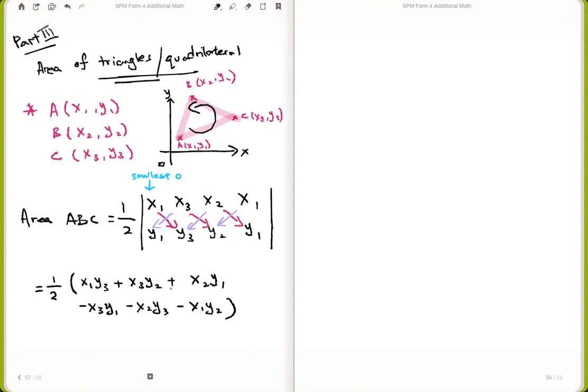Make sure you key it into your calculator accordingly. Use of a bracket, and remember to divide by 2 or times 0.5. Unit shouldn't be forgotten. Unit squared. You should write this in your exam.